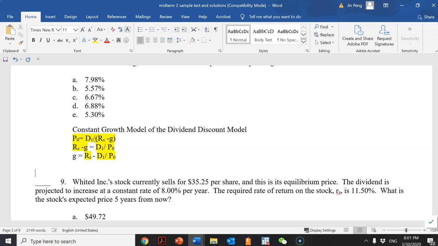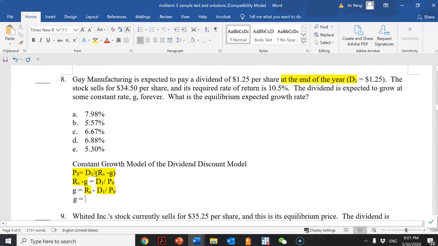Now we just need to plug numbers in. G equals RS, which is given by this question, 10.5% as the stock return, minus D1, which is 1.25, divided by P0, which is 34.5.